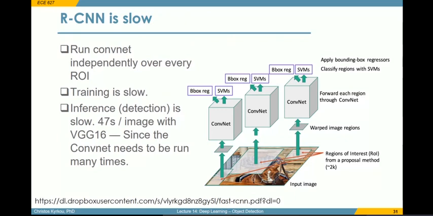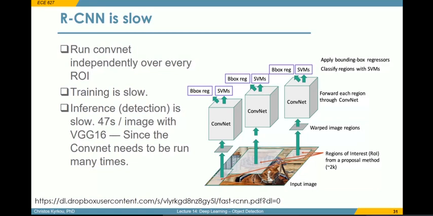Although RCNN models use pre-trained CNNs to extract the features, the main downside is that they are slow. And they can be slow both during inference but also during training. Slow refers to the fact that we have a lot of different components to work with and train, since we have to train multiple SVMs, while for every image crop we have to extract the features from the CNN.